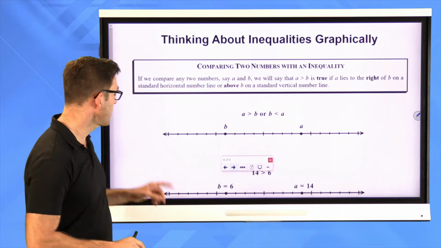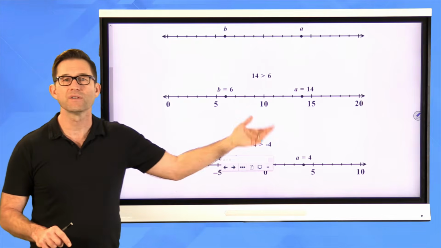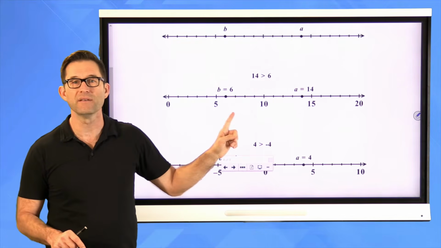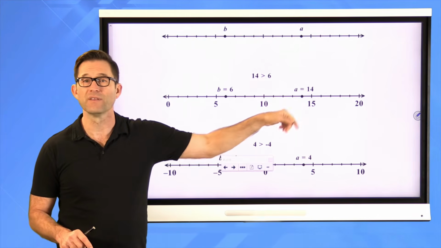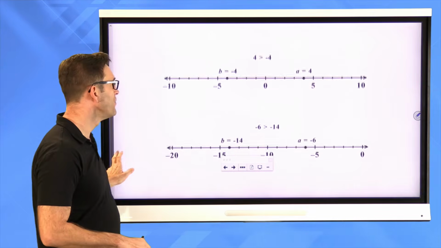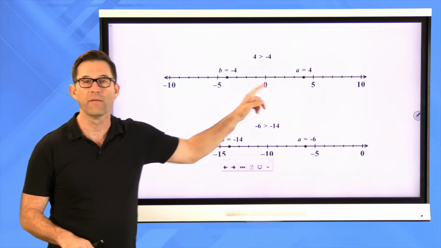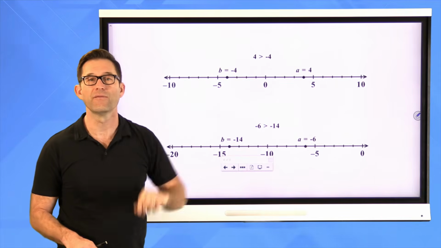And what's cool is I can keep showing you this. If we had two positive numbers, let's say B is 6 and A is 14, well, 14 is greater than 6. On the other hand, if I shifted it down a little bit, and let's say A was 4 and B was -4, I could say 4 is greater than -4.